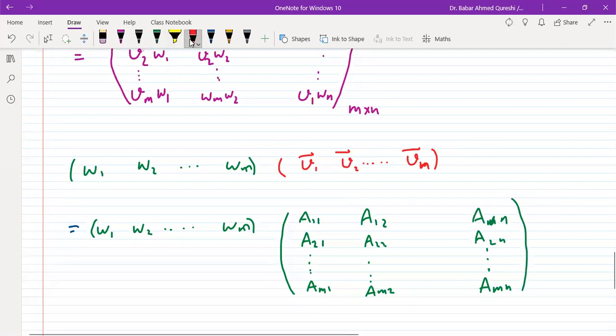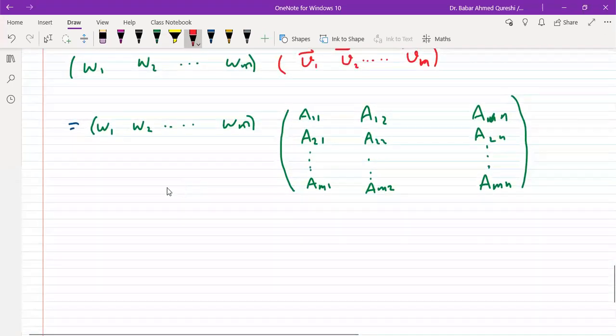Now if I use the rule of matrix multiplication, this is 1 by m and this is m by n.